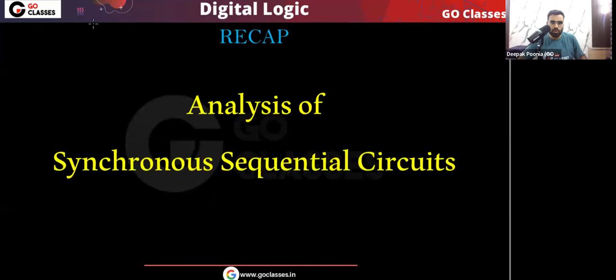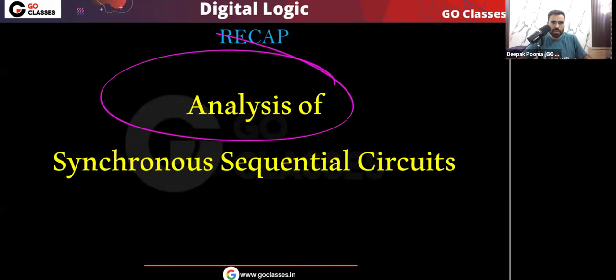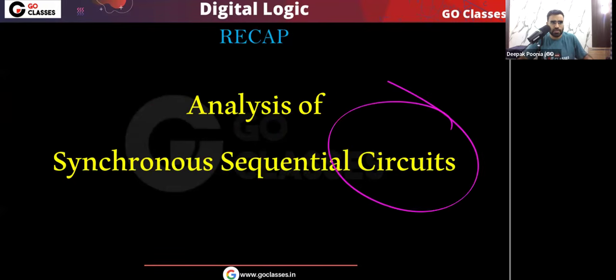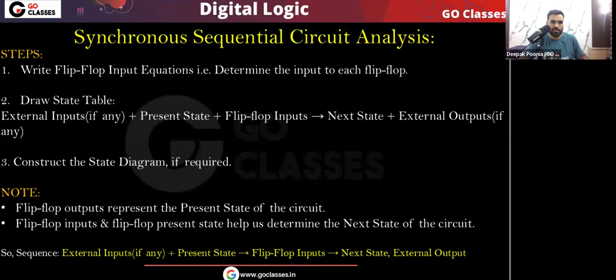Now let's see how to do analysis of a synchronous sequential circuit. In the exam, if they give you a synchronous circuit, meaning all the flip flops are operated by a common clock signal, then how do we analyze such a circuit? That is very easy. We have already seen these steps many times with the help of many GATE PYQs, but let me quickly tell you.